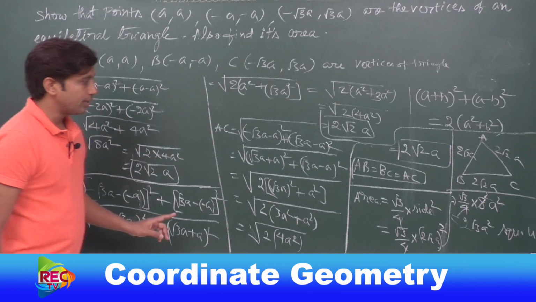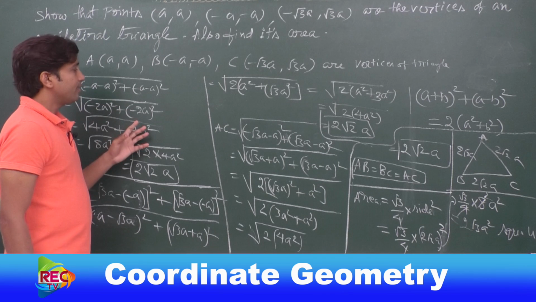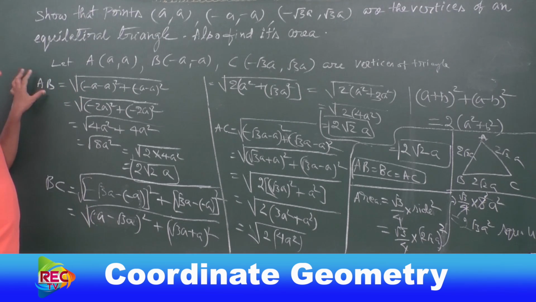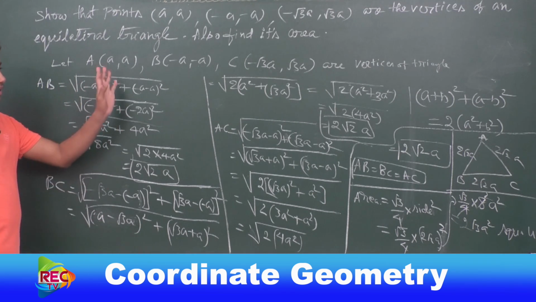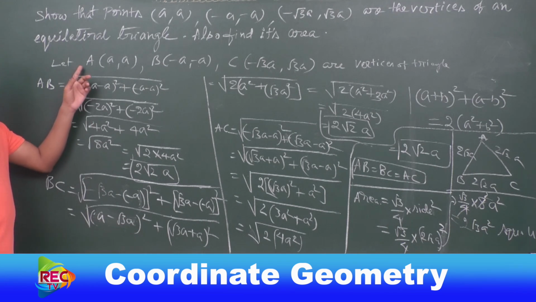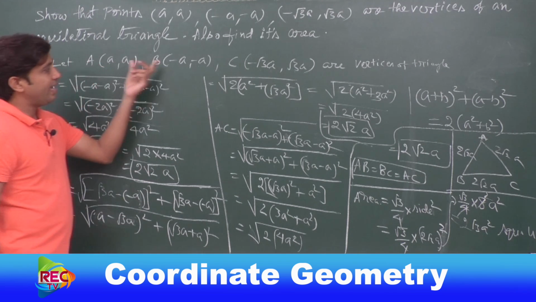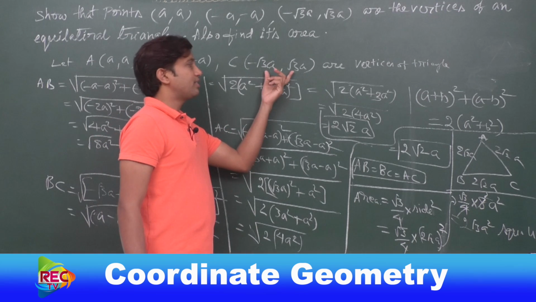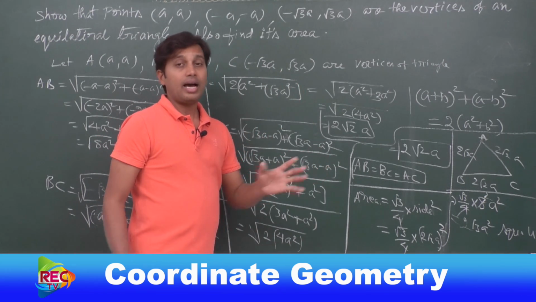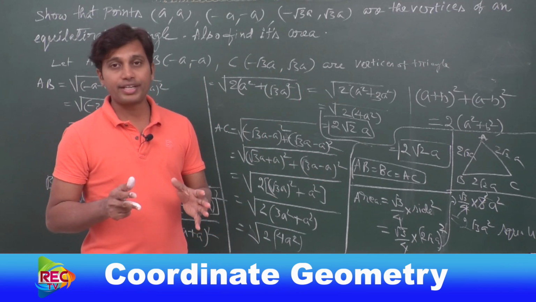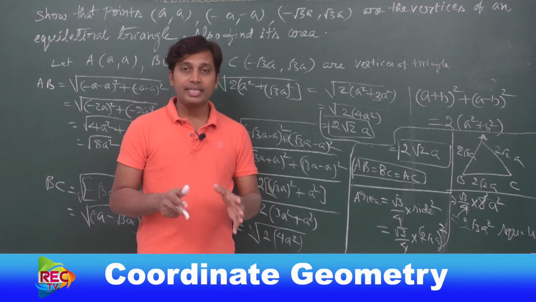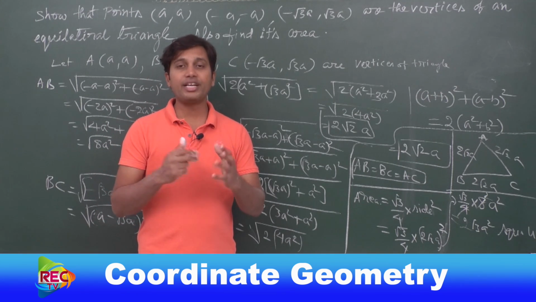Understood? And one more thing, what we need to do with the given information: we are given the 3 points A, A and minus A, and minus root 3A, plus root 3A as 3 different coordinate points, and we need to show that these are the vertices of an equilateral triangle.